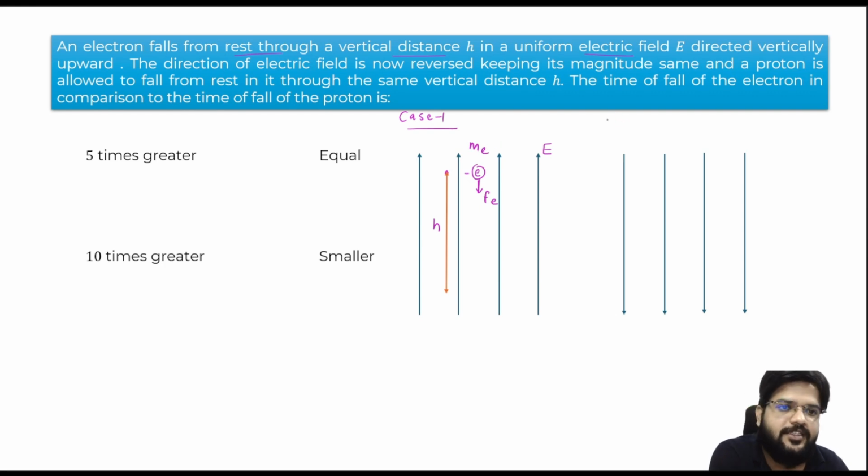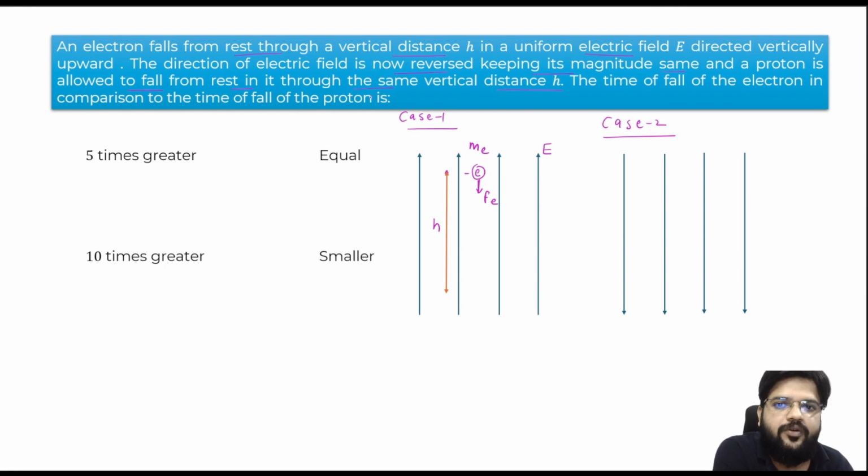Now see the second case, case number 2. In the first case, the electric field is present in the upward direction. In case number 2, the direction of the electric field is now reversed, keeping its magnitude the same, and the proton is allowed to fall from rest through the same vertical distance h.